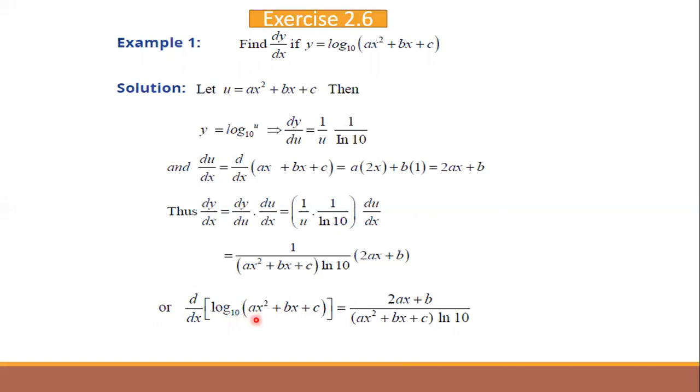Here x is ax square plus bx plus c. 1 over x is this term, into the derivative of this term, which means the derivative of ax square is 2ax, of bx is b, and of c is 0, into 1 over natural log of a, and here a is 10, so into 1 over natural log of 10. So we can solve this example by two different methods: first, by directly applying the formula, or by using the chain rule. It depends upon you.